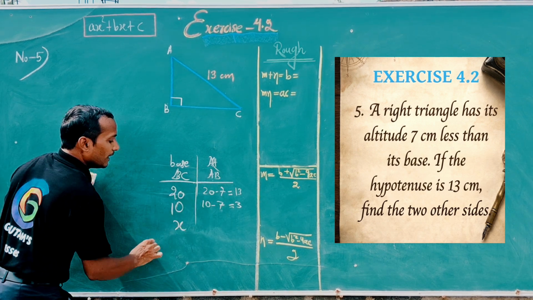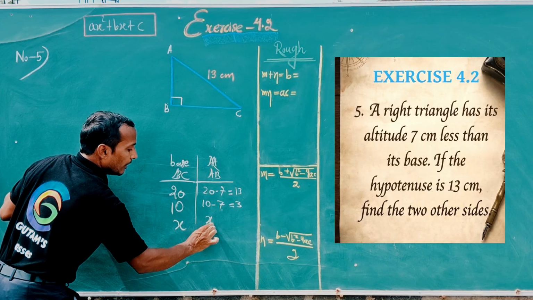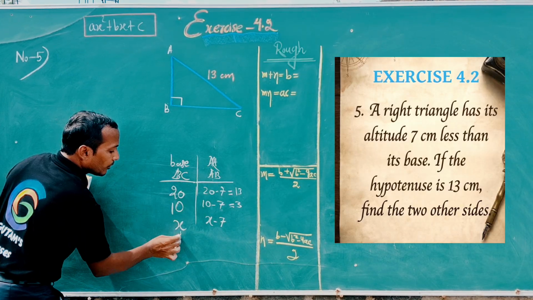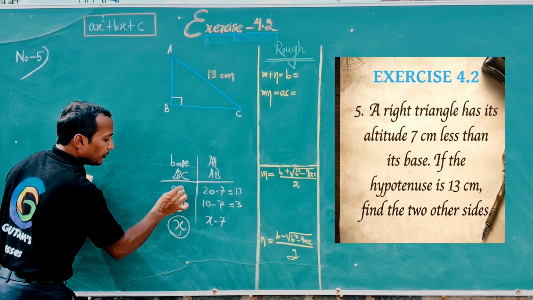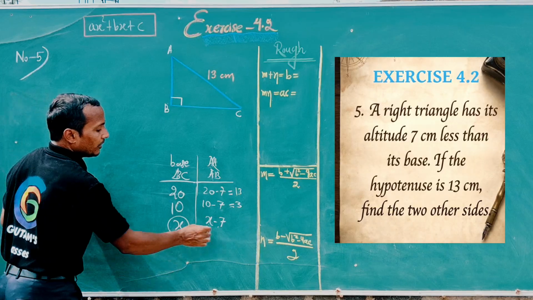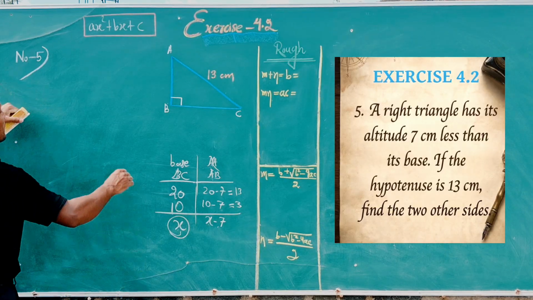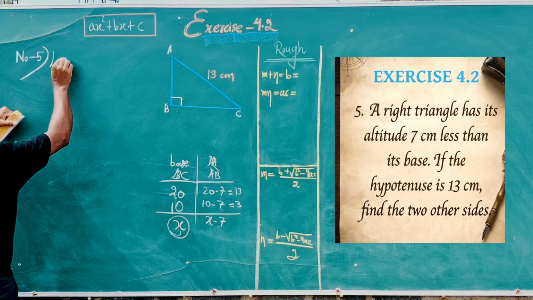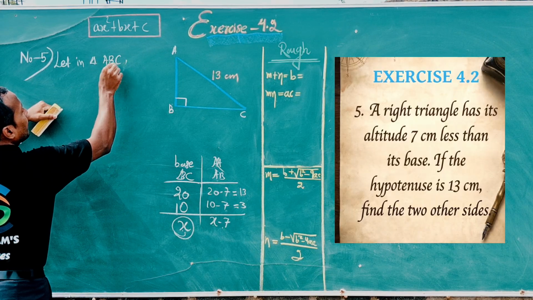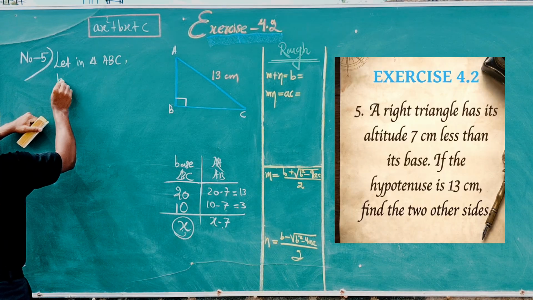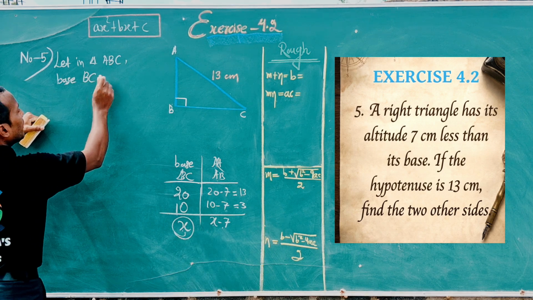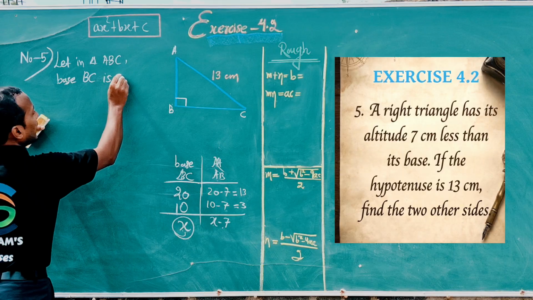So if I take base as x, then altitude will be x minus 7. Altitude depends on base. So I will take base BC as x. So altitude AB will come as x minus 7. That's it. So we will write this first. Let in triangle ABC, base BC is x centimeter.